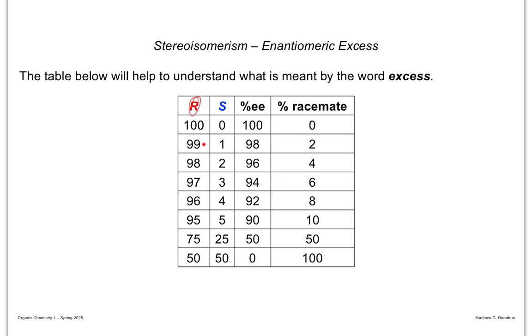If you have 99 to 1, the percent EE is 98. You have one part of S that's canceling out one part of R. So 1 and 1 makes 2, that's your racemate. So your percent EE of the R enantiomer is 98%.